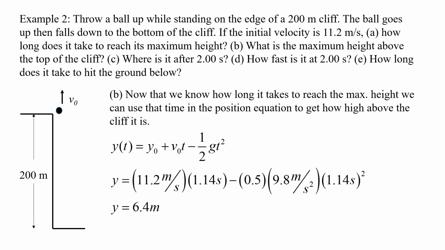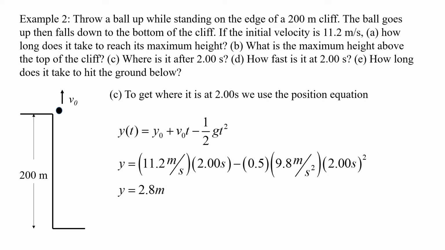The initial velocity is 11.2 meters per second upward, so that's positive, times the time, 1.14 seconds, minus the 1/2, which is 0.5, times the g, times the time squared, and I crunch those numbers, and we get 6.4 meters. So that is the maximum height above the top of the cliff. So see, once we know the time it takes to reach the maximum height, it's very easy to get its position at that time.